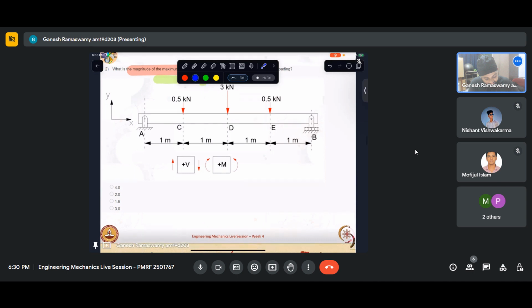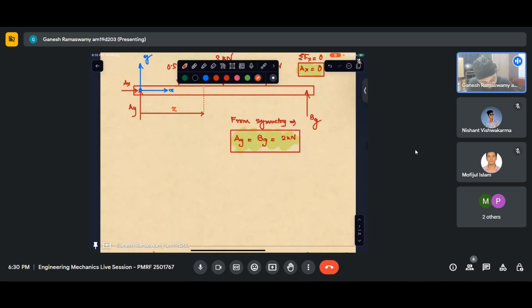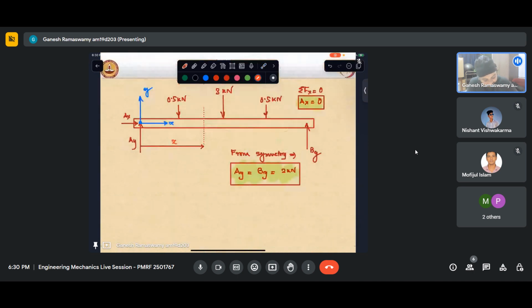Okay, so first let me draw the free body diagram. Let me say that I consider a section X such that 0 is less than X less than 1. So this is essentially portion AC.